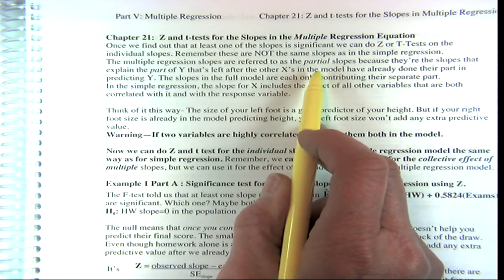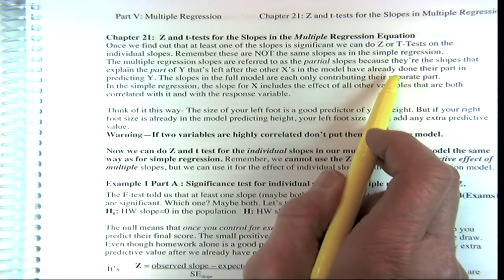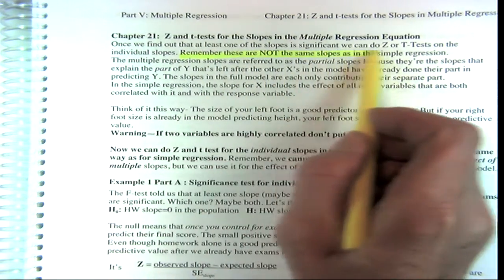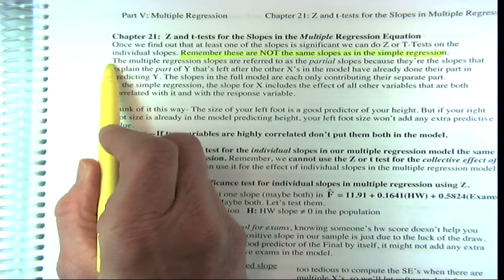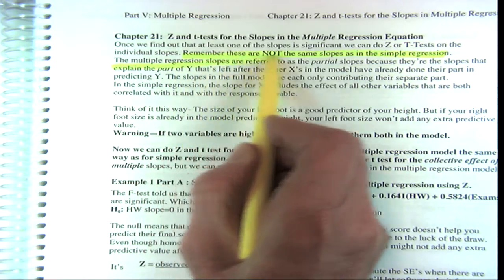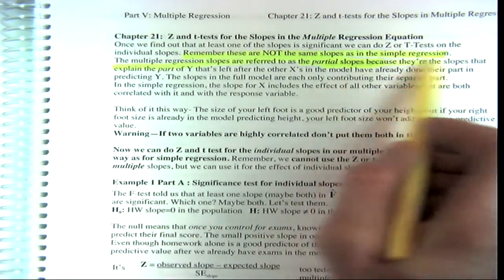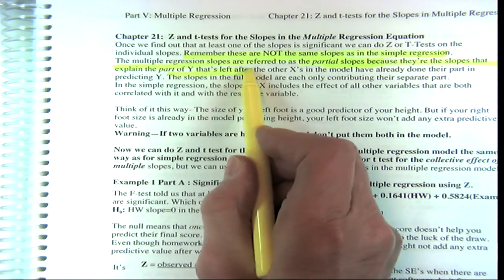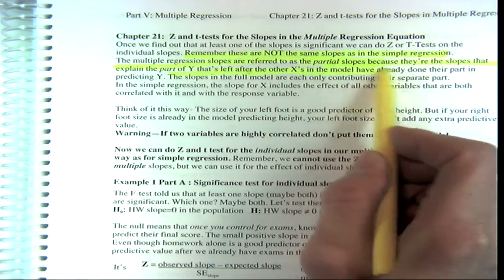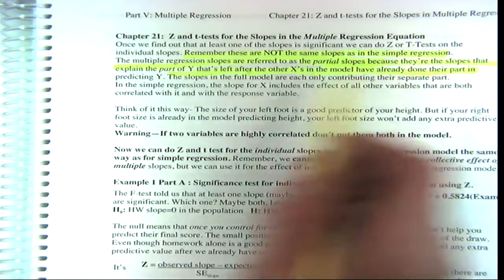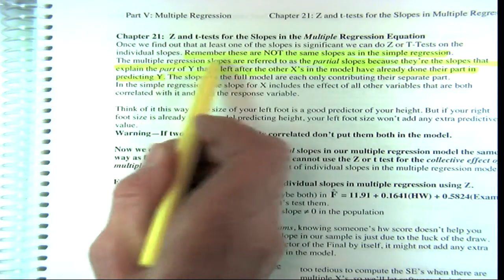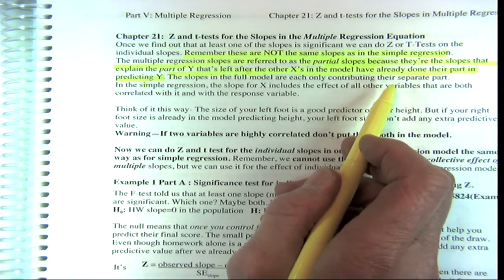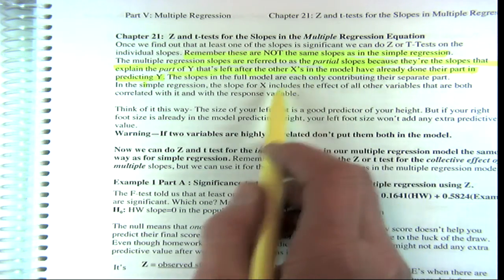Maybe I should highlight this just to make sure you understand. The multiple regression slopes are called the partial slopes, because they're the slopes that explain the part of y that's left after the other x's in the model have already done their part in predicting y. So they're only contributing their separate part.